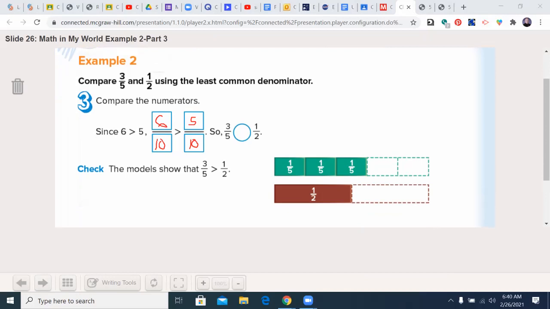So we're talking apples and apples and not apples and oranges. So therefore, 3/5 is greater than 1/2. There is a check. You can say of 1/5, 2/5, 3/5, and it's further along the line towards 1 than 1/2.